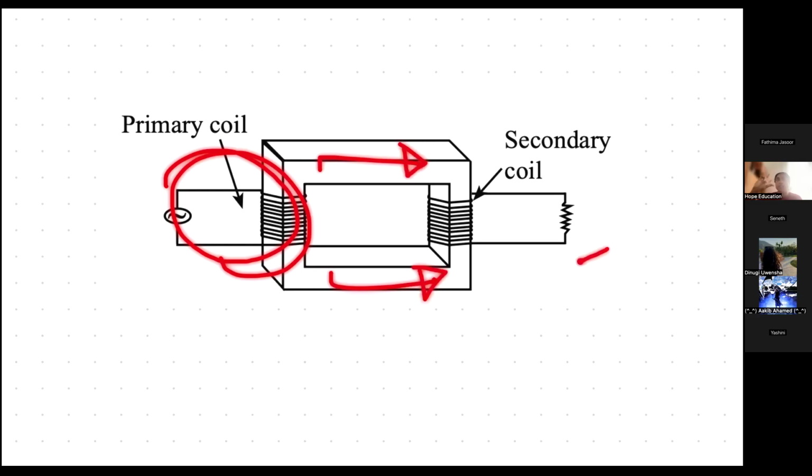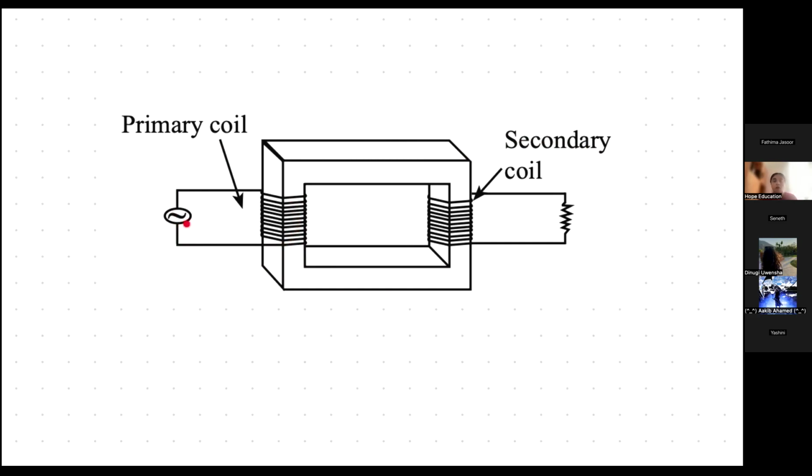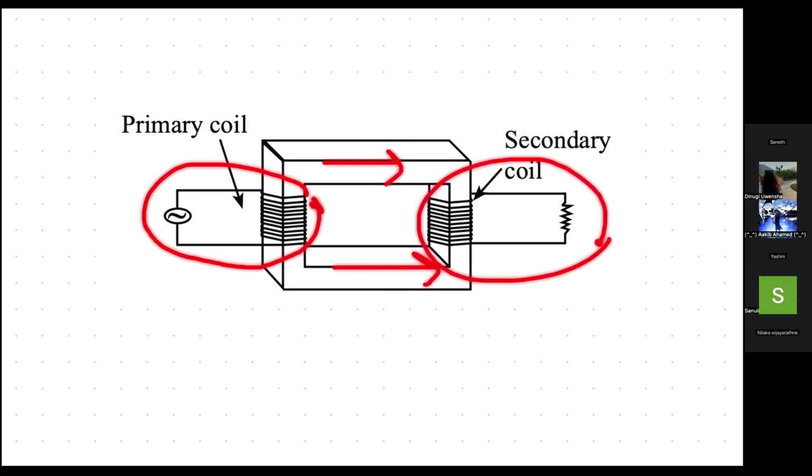Since the secondary coil is experiencing a change in magnetic field, it will produce an induced current. Because the current is alternating, a changing magnetic field is generated in the first circuit. Along the soft iron, that changing magnetic field goes to circuit 2. In circuit 2, it's just a stationary coil in a changing magnetic field, so a current will automatically be induced. We call it induced current, right?